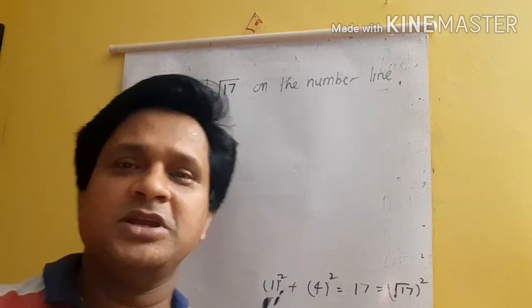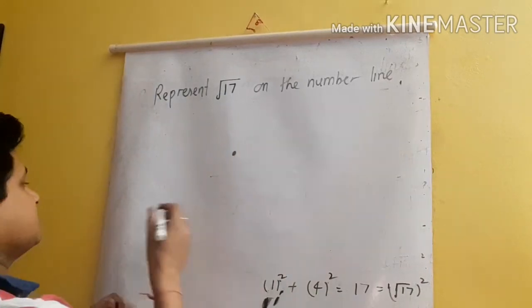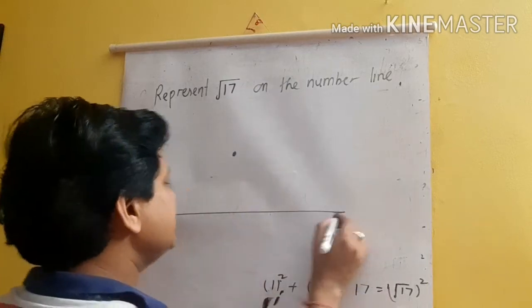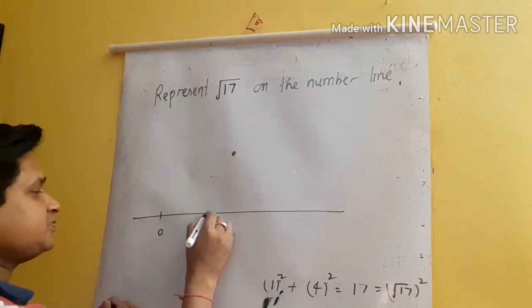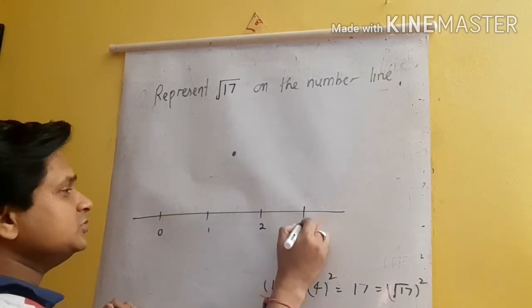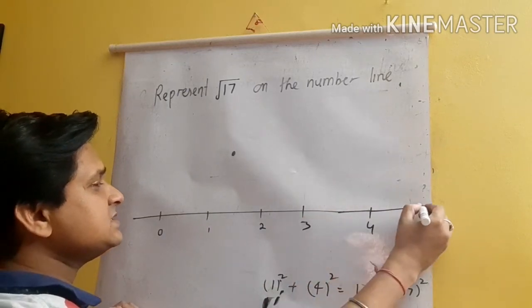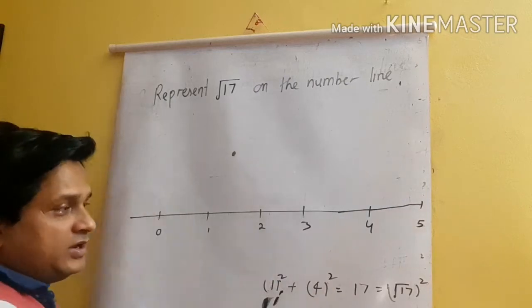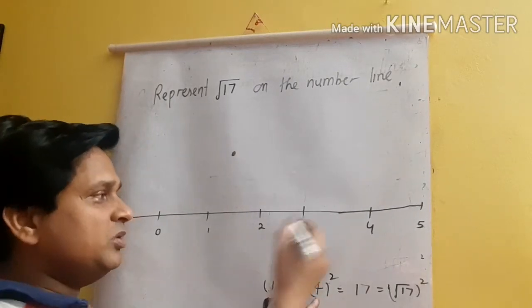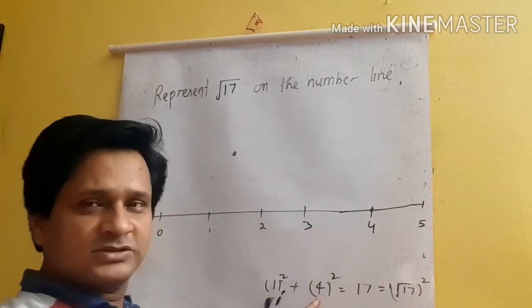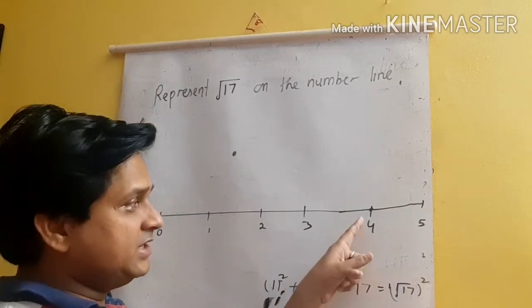Suppose you have to represent root 17. How will you represent? You will draw a line, you will mark 0, 1, 2, 3, 4 at equal distance. Now here base is at 4. So you will consider this point, because it is 4 here.